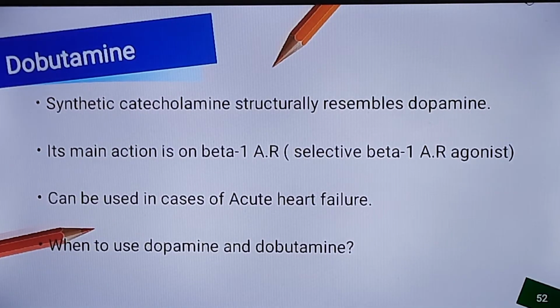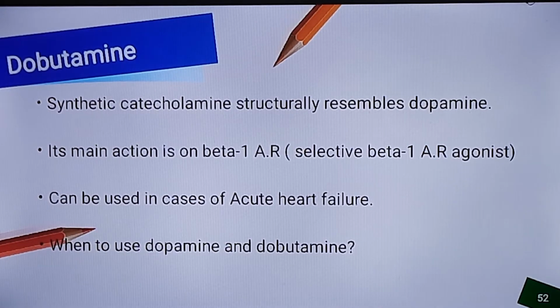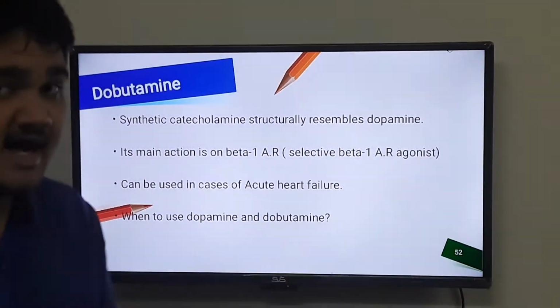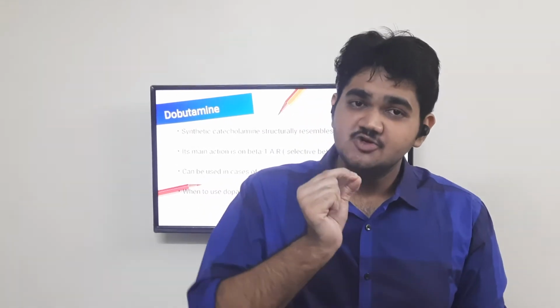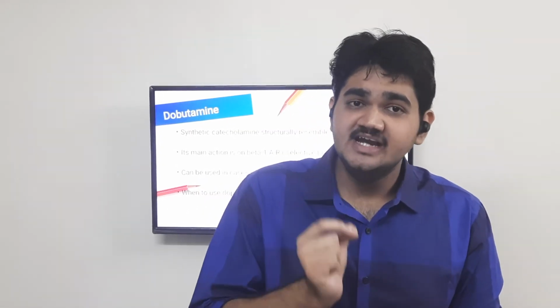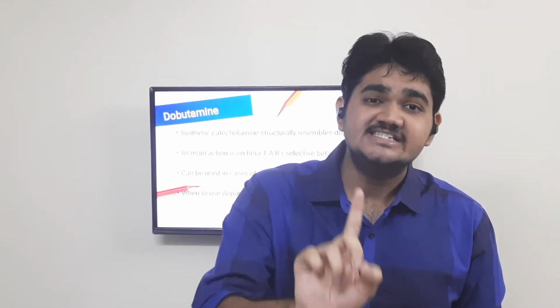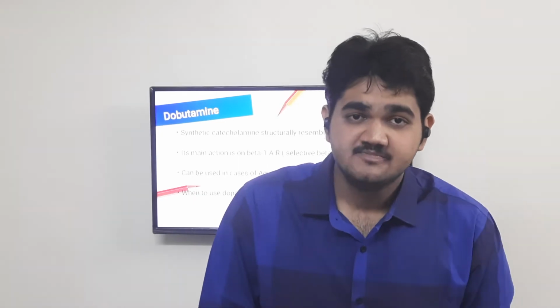Now a question आता है, when to use dopamine and when to use dobutamine. Remember, whenever we just want to stimulate our human heart, we can consider using dobutamine. Why?